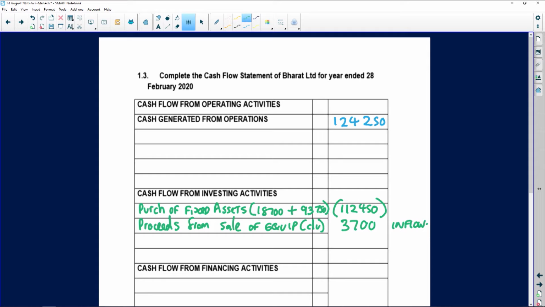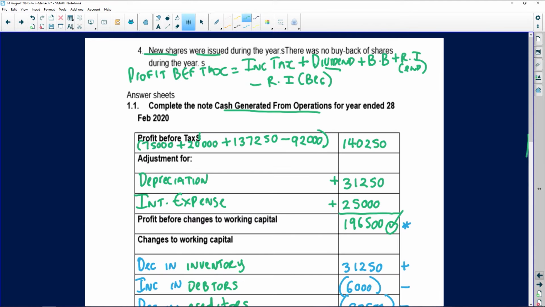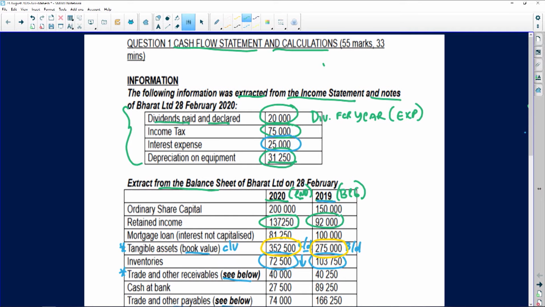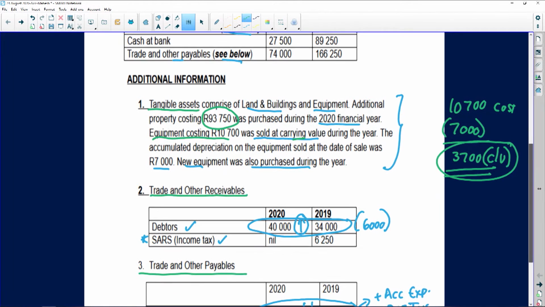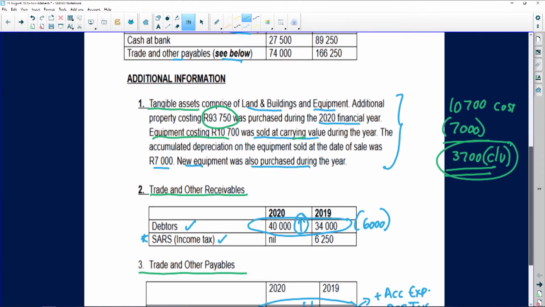So we've already filled in cash generated from operations, and remember, this came from note 1. So on the next line, you need to now disclose interest paid for the financial year. Now, if I go back to my additional information, your interest expense is 25,000. And if I look further down, mortgage loan, interest is not capitalized, and there's no additional adjustment about any interest being accrued at the end or the beginning of the financial year.